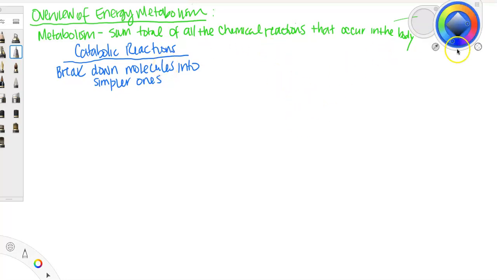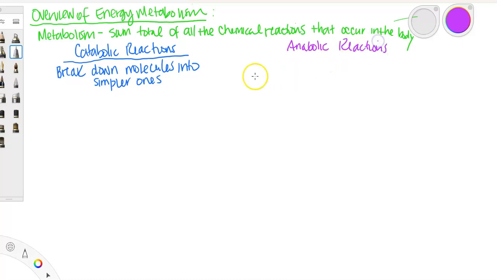So the ones that build up are the anabolic reactions, and they build complex molecules from simpler ones.